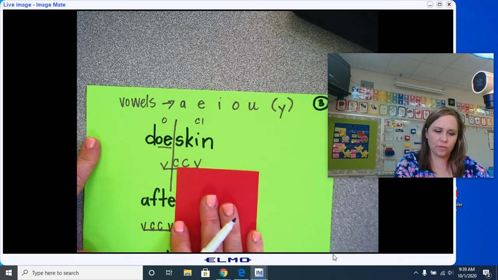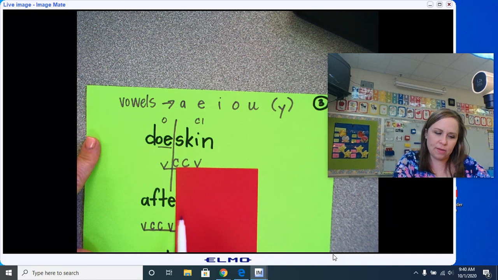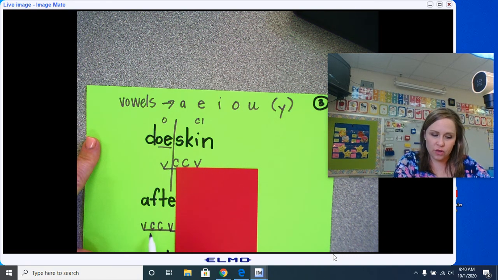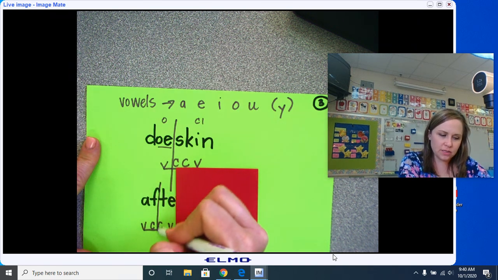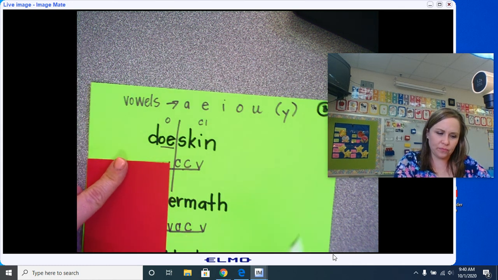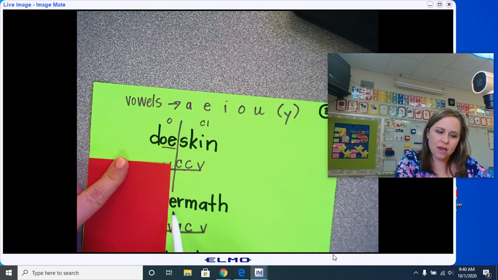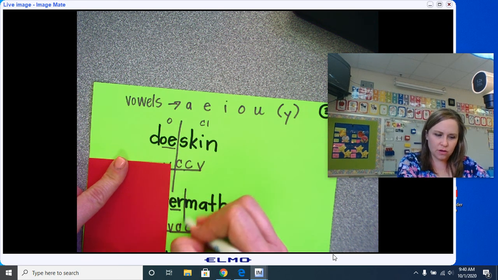So don't be overwhelmed, okay? So the first set, where should we break this? Well, remember our choice is before the consonants or in between the consonants. I don't recognize anything here, and so I'm going to break them in between the consonants. And I'm going to come to my second set. I know that ER usually needs to stay together, so I'm going to break it in between the consonants.